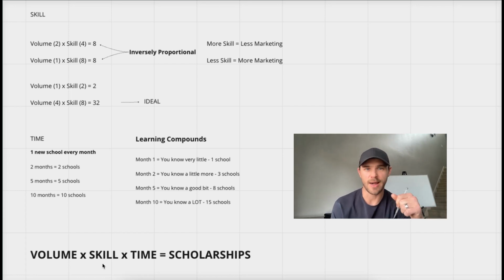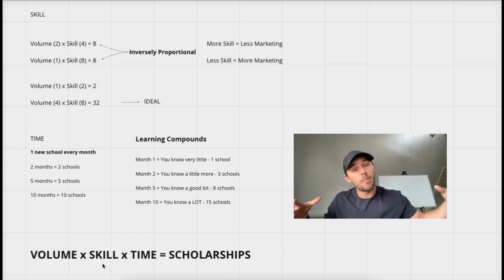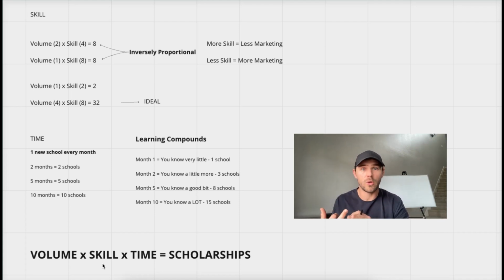This is why it's challenging for second semester seniors to get interest and offers. Why is that? Because they have a very short time horizon that they can operate on. That is almost a fixed amount. When you are earlier in the recruiting process, time might be a fixed amount too, but it's a significantly larger amount than a second semester senior has. It goes into this equation, and that is why we are looking to expand our time horizon, do more volume, and get to be as good of a player as we possibly can.